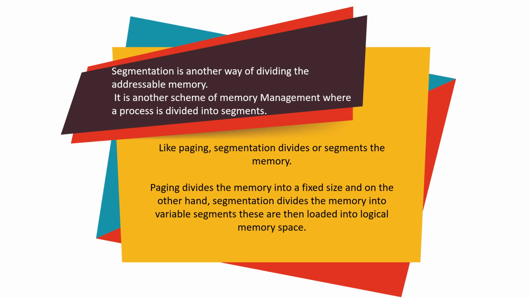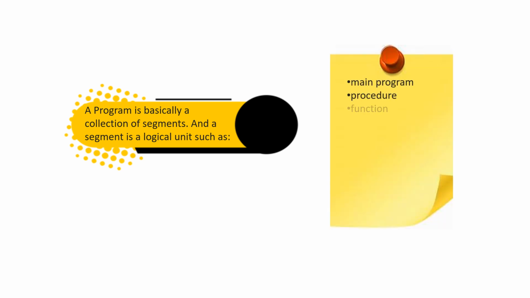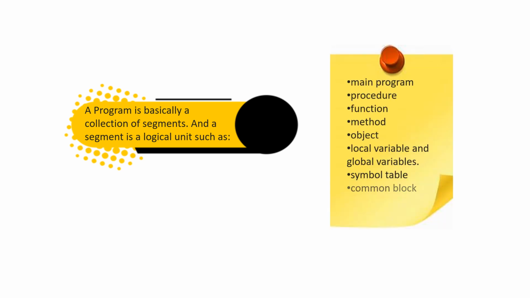We will see in this video how segmentation divides the memory into variable segments rather than fixed sizes like the method of paging. A program is basically a collection of segments, and each segment is a logical unit. That is, segmentation divides the memory into segments in the user's view. A program has a main program, procedure, function, method, object, local variables and global variables, symbol table, common block, stack and arrays.